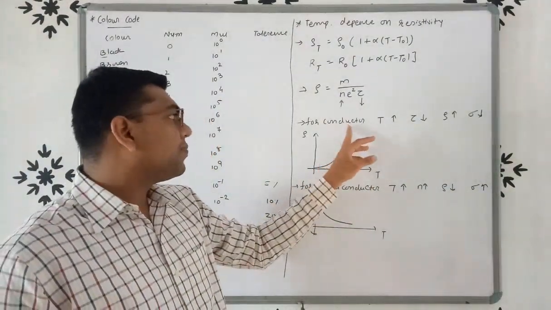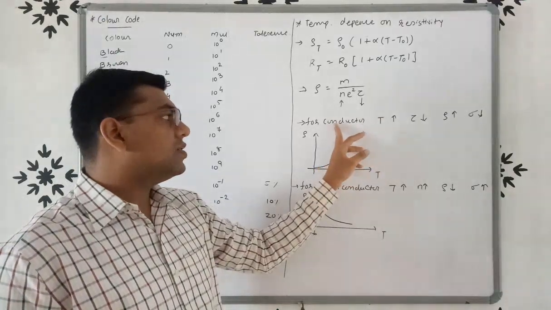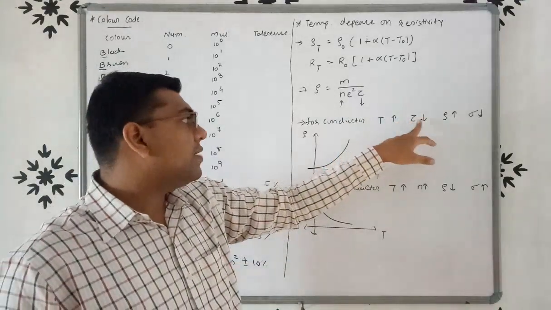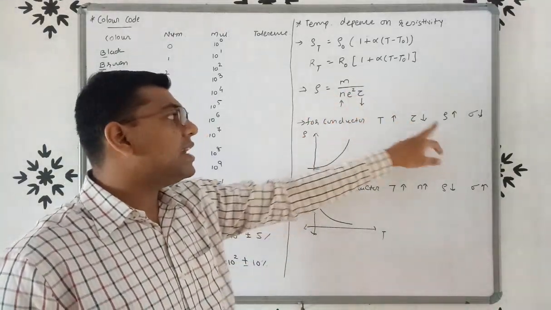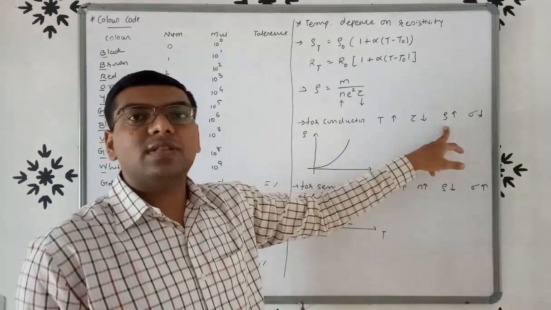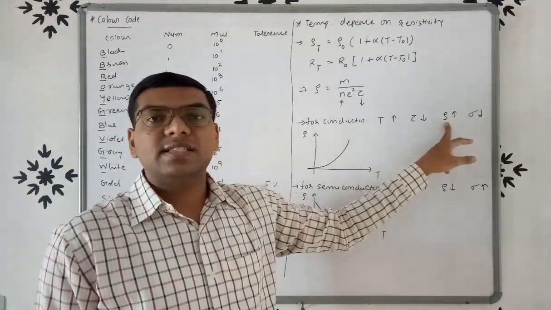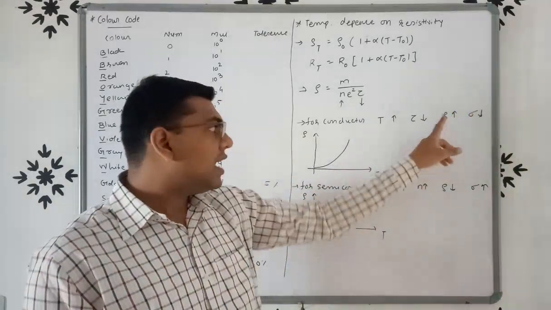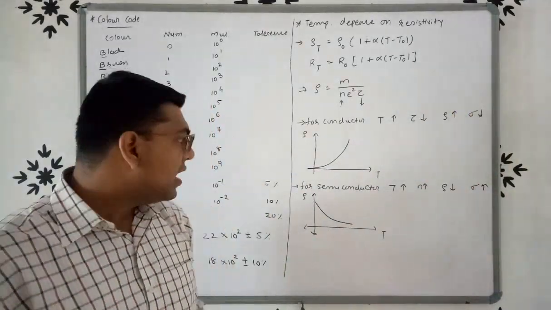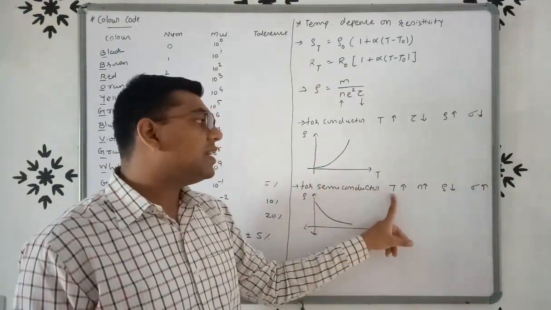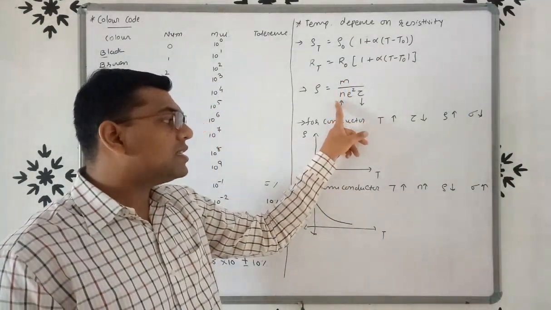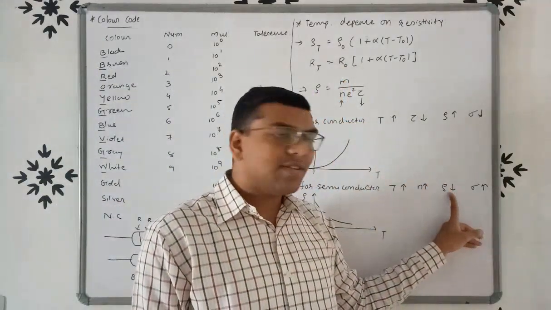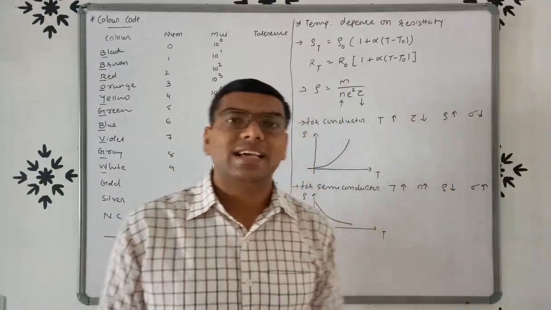In a conductor, as temperature increases, relaxation time decreases, and then resistivity increases, so conductivity decreases. For a semiconductor, as temperature increases, the number density of electrons increases, so resistivity decreases, and then conductivity increases.